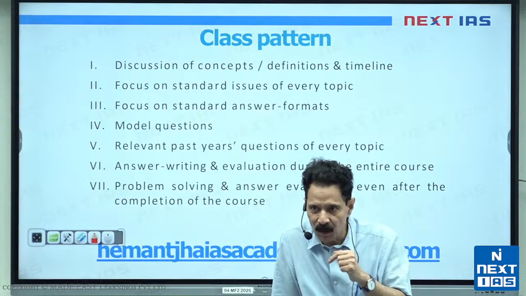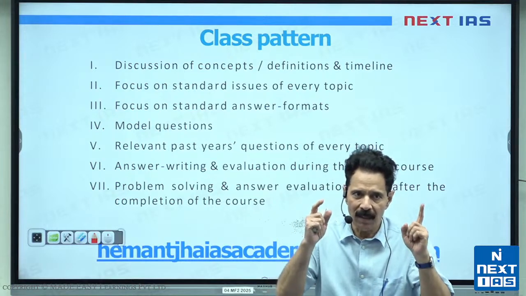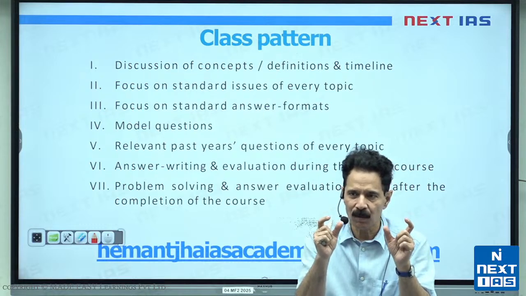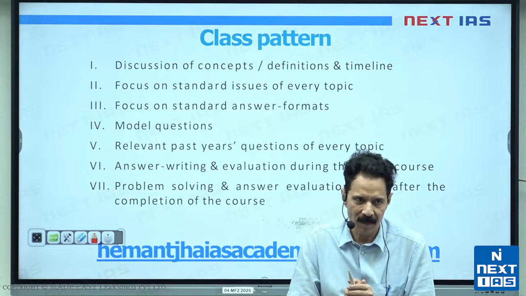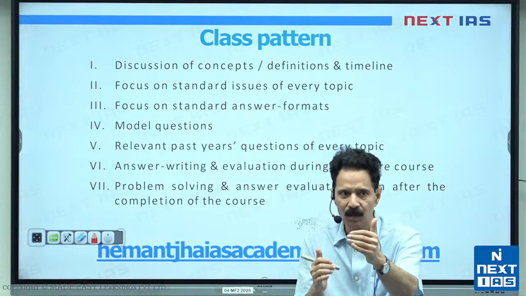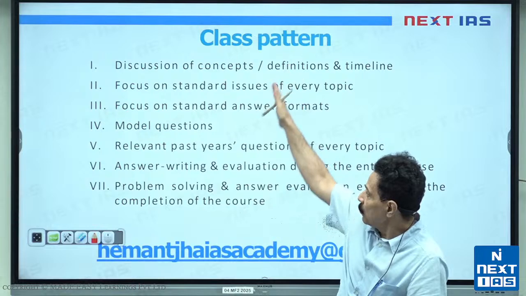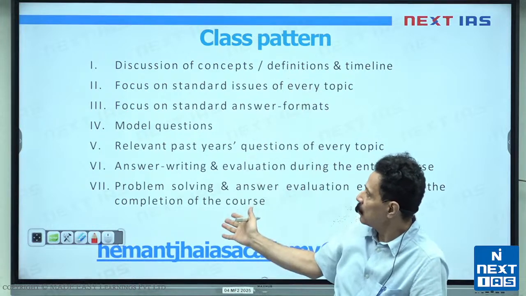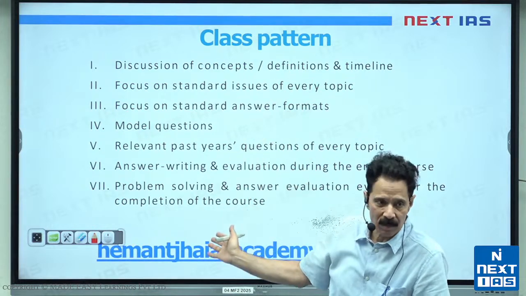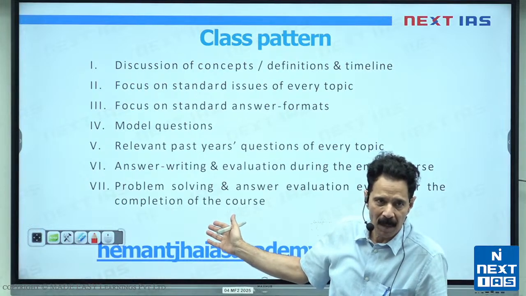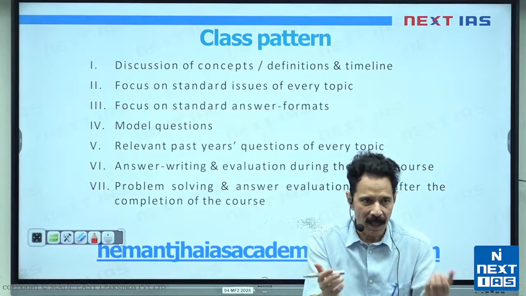In the classes, what we do, I give you the idea of how to write a specialized answer in order to get 6 to 7 out of 10. Sometimes I dictate to you. Sometimes I show, make diagrams on the board. Through diagrams, I show a highly specialized answer. Then I invite you to answer.